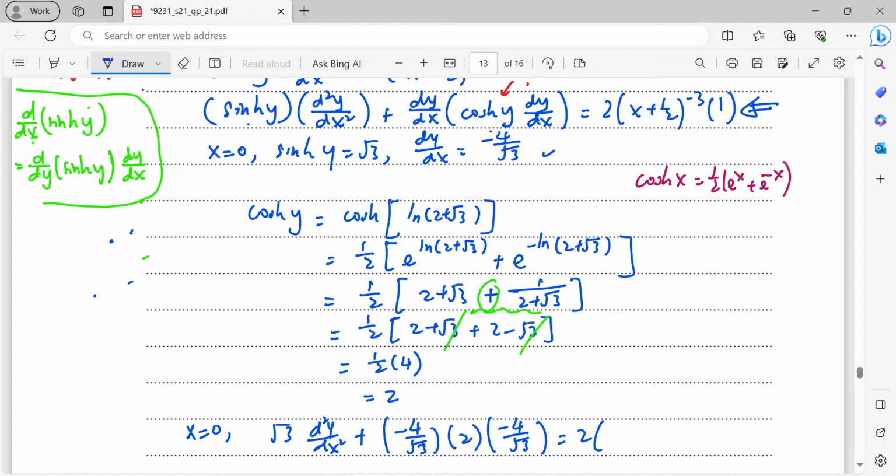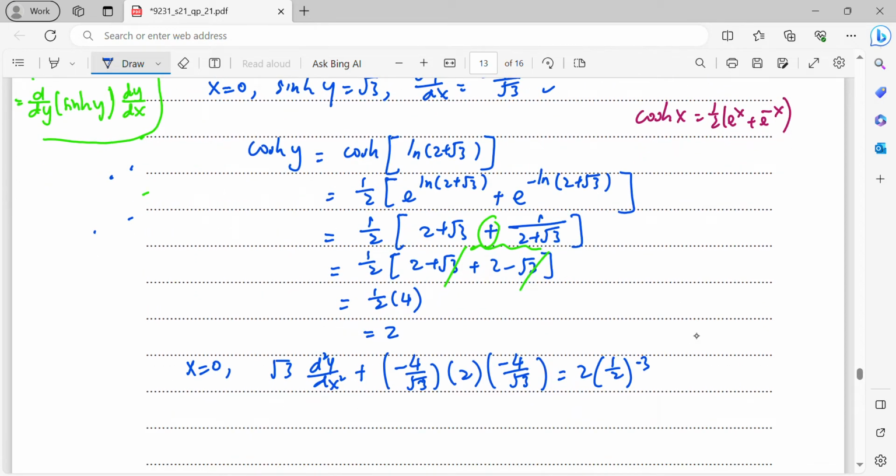So when x is 0, you get half to the power of negative 3. Then now here, I will get square root 3 times the second derivative. Then for the second term, minus 4 over square root 3, you square it, it will be 16 over 3. Then you times another 2, it will be 32 over 3. Then for the right hand side, when you simplify, it will be 16.